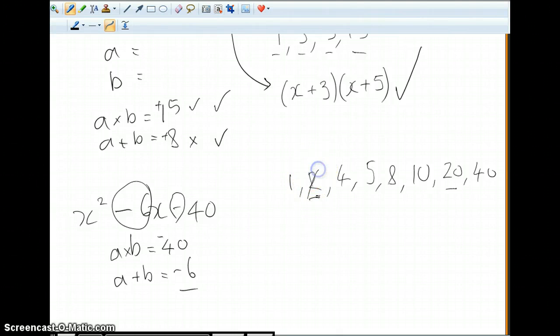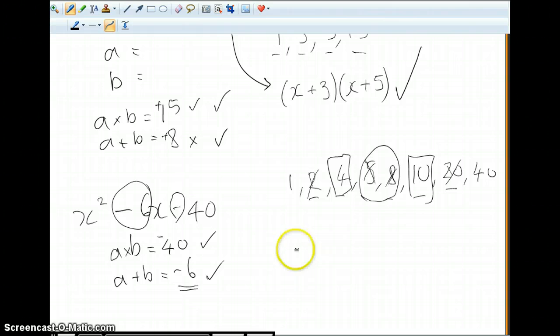So it's not 2 and 20. 5 times 8 is 40. Do 5 and 8 give a difference of negative 6 or 6? No, they don't. If you look at 4 times 10, they give a multiplication of 40, and they also give a difference of 6. So it happens to be 4 and 10.